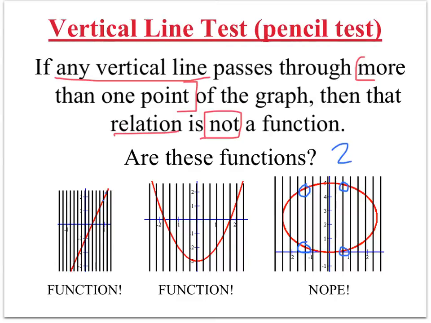Because there are two or more intersections with my vertical lines, that means that this relation right here, the graph of my ellipse, is not a function. So if there are two or more intersections, or if any vertical line hits your graph more than once, then it is not a function. Let's practice this on the next slides.